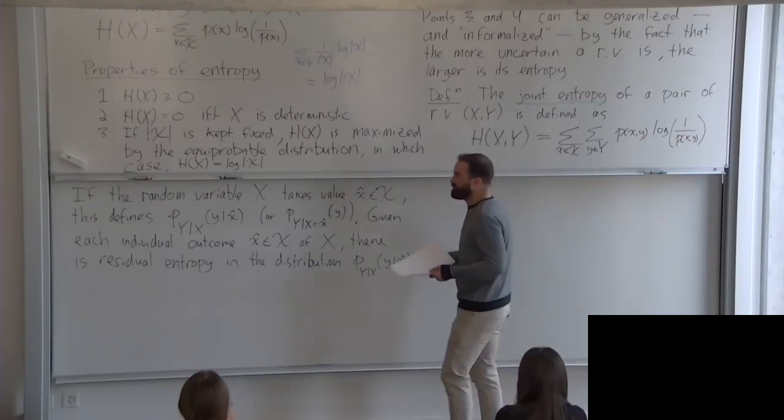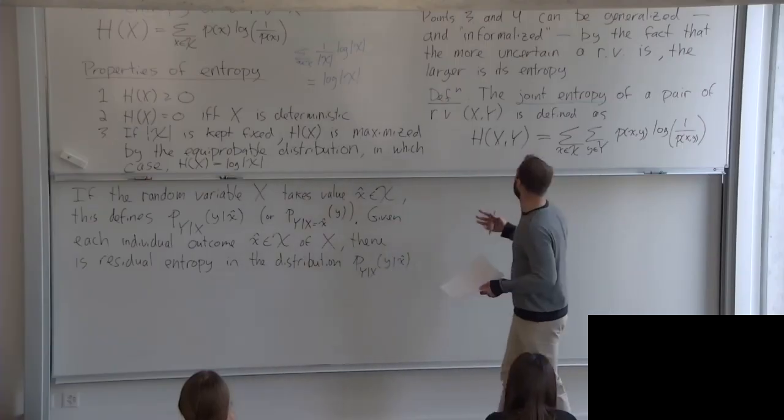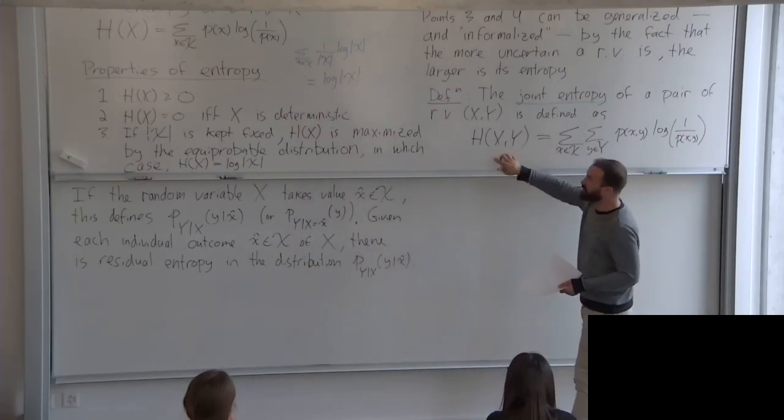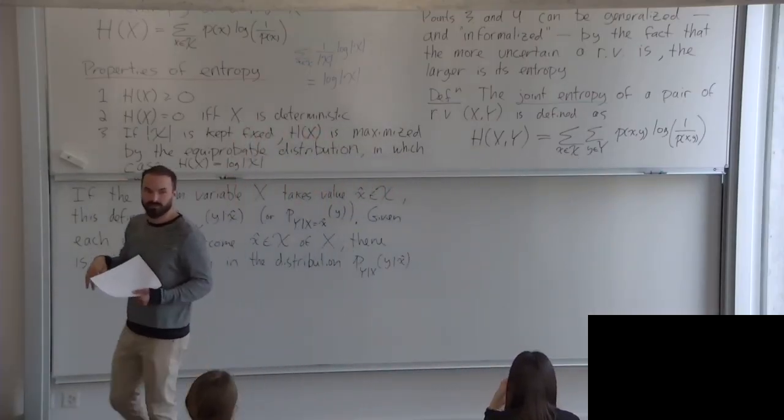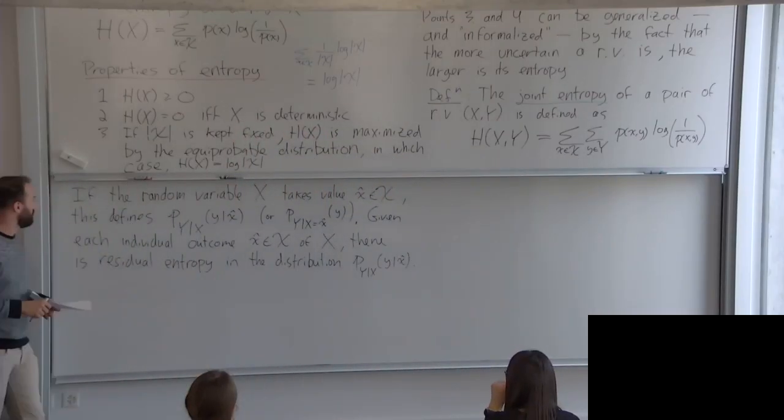The conditional entropy, this is where I'm going. We have an entropy for a pair. We have an entropy for a single random variable. I want to define a conditional entropy.